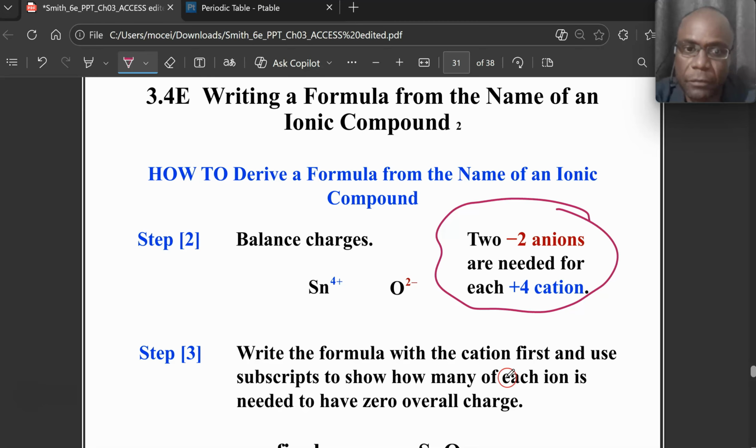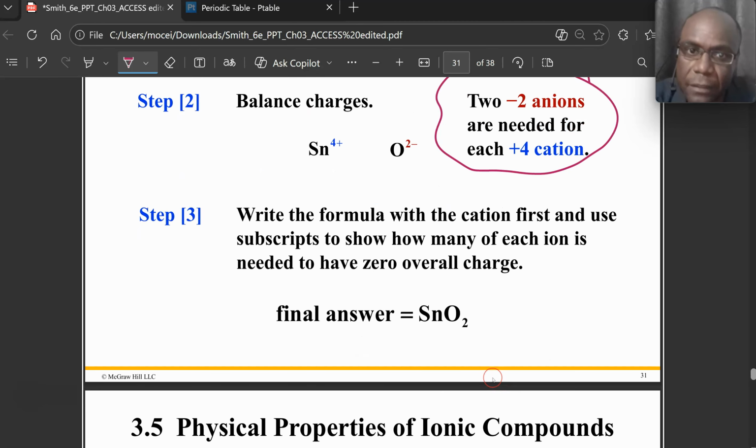Okay, and we had to double the oxygens. We have to make sure we have 2 of them, which will help us to write that subscript as 2, and we only have 1 tin, so it's implied, and the formula ended up to be SnO2 for tin 4 oxide.